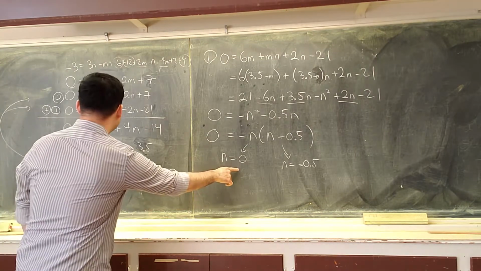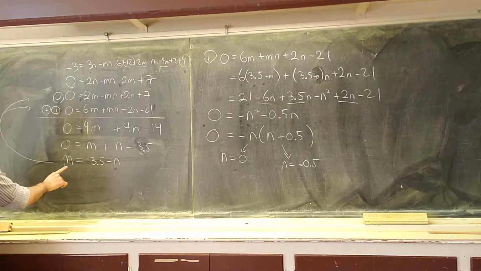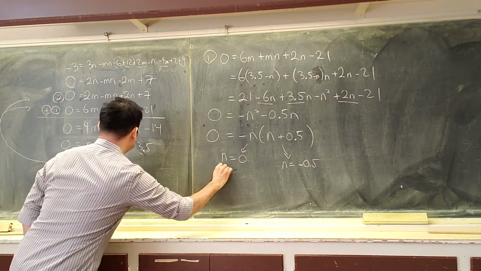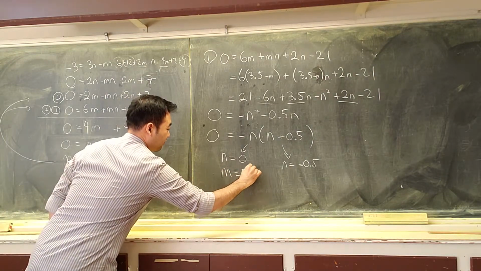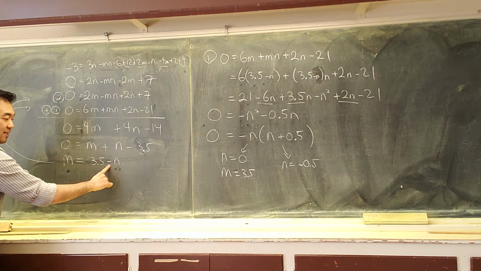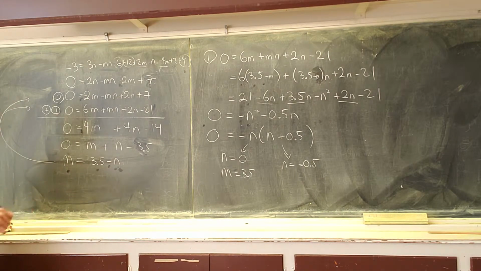And if n equals 0, what is m? 3.5? Which makes this 3.5. And if n happened to be a negative 0.5, so minus negative 0.5, m would be?